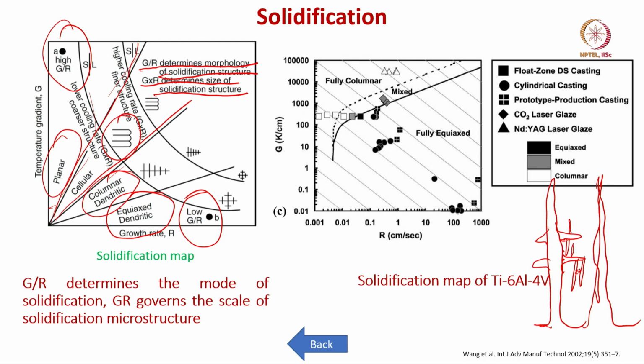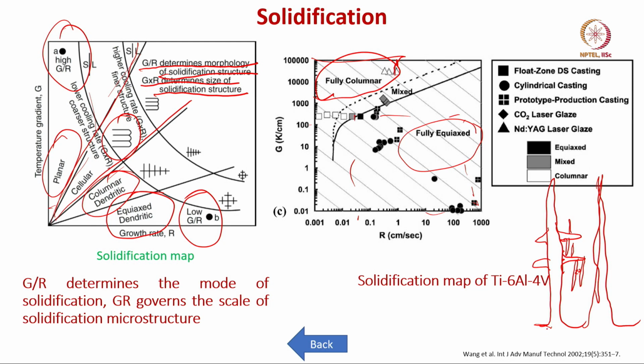So, I repeat, the ratio of G to R determines the morphology, while the product of G and R determines the size of the solidification structure. When a fully equiax microstructure develops, it is with the combination of a lower G value and higher R values. When a fully columnar grain structure develops, it is with a very high growth rate, so that there is an anisotropic structure.